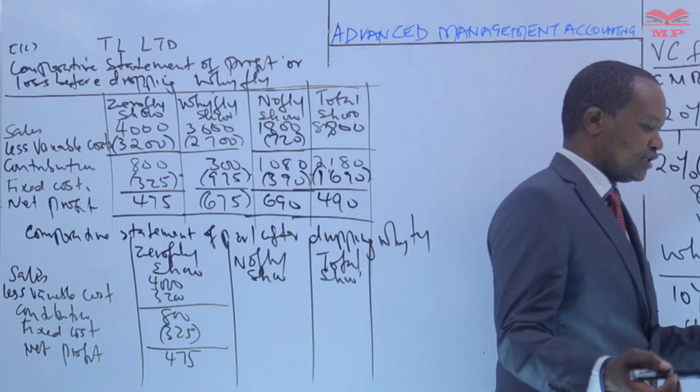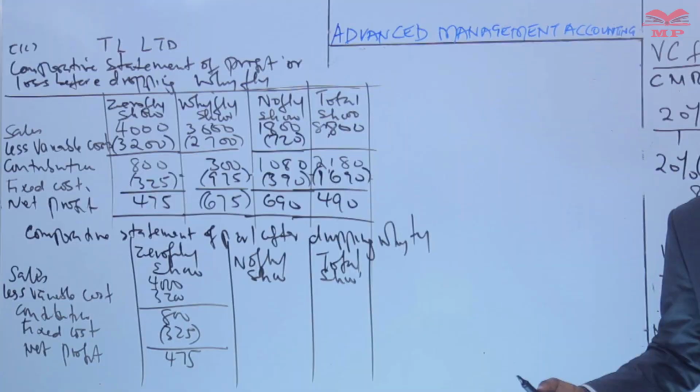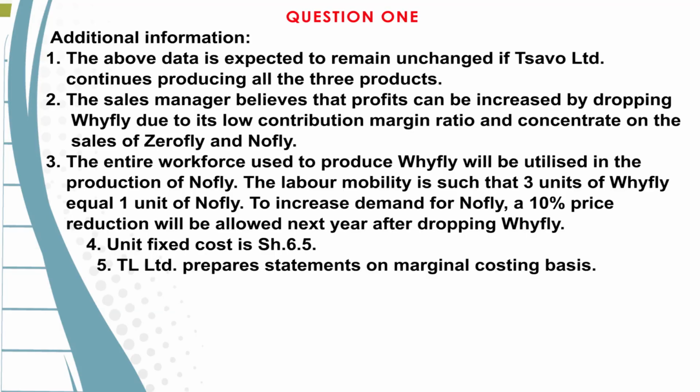No fly. And we have information here that helps us adjust the production. We read that the entire workforce used to produce Y-fly will be utilized in the production of no-fly. The labor mobility is such that 3 units of Y-fly equal 1 unit of no-fly.